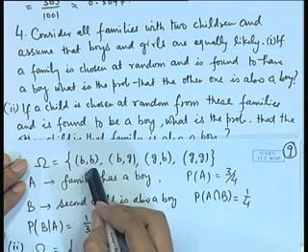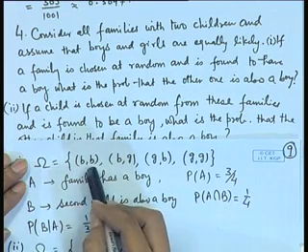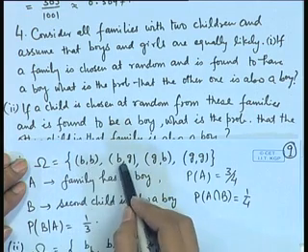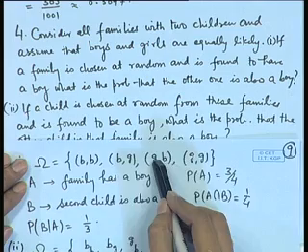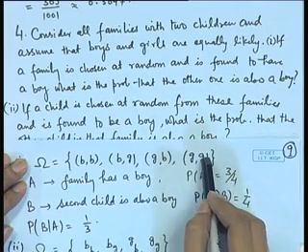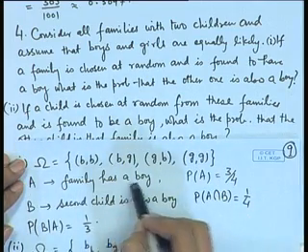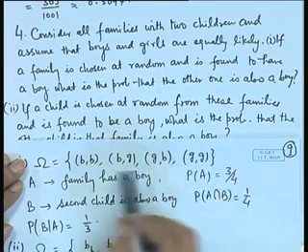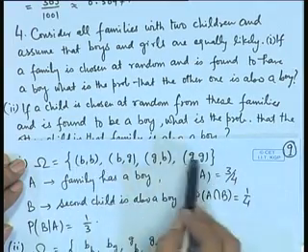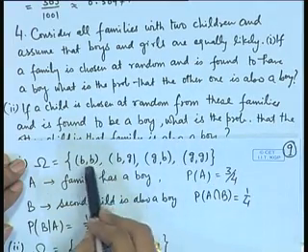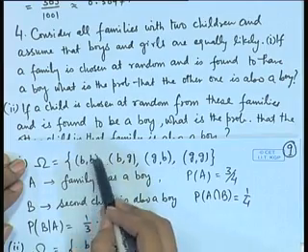So, we can put it as an ordered pair: both of them are boys, first is a boy and second is a girl, first is a girl and second is a boy, or both are girls. So, A is the event that the family has a boy. Then the probability of A will be 3 by 4, because we are choosing a family.